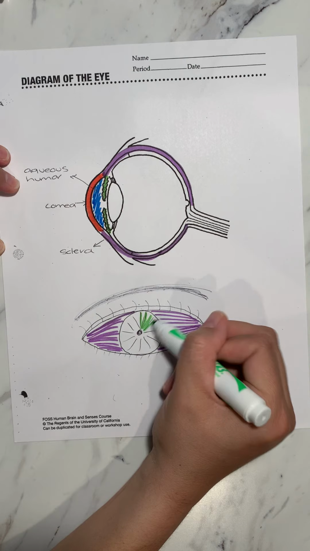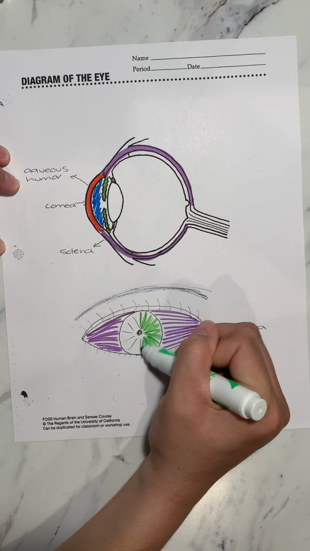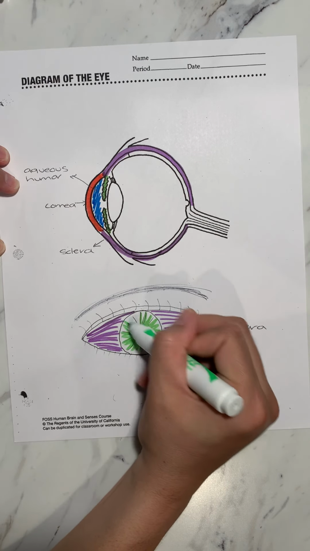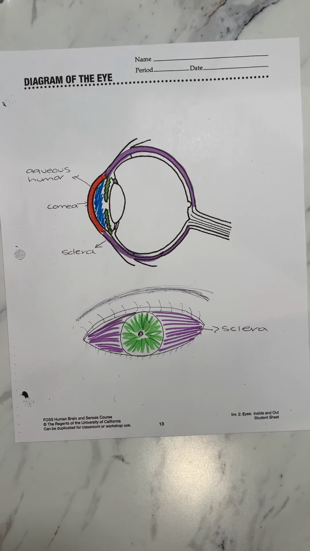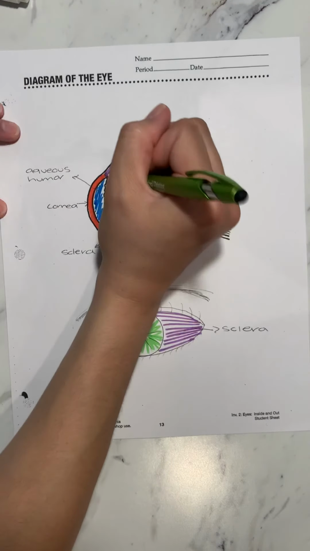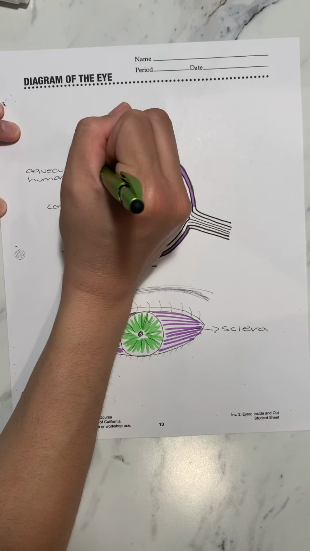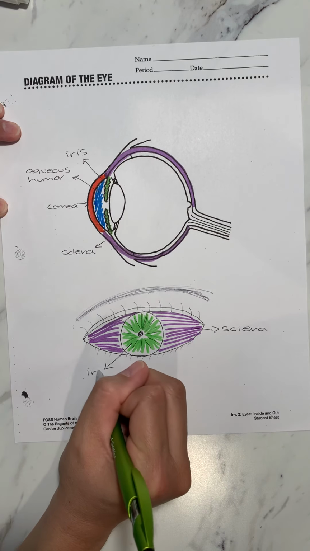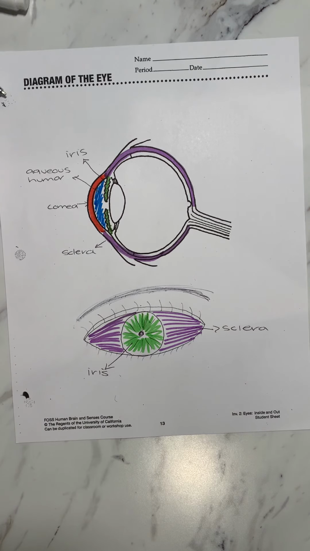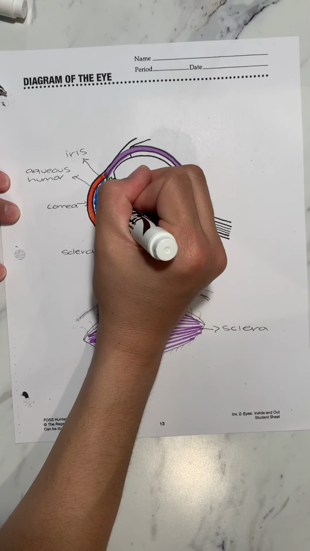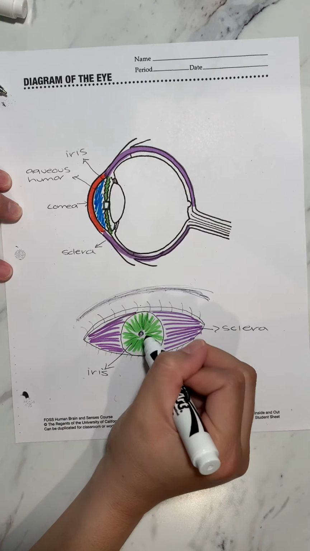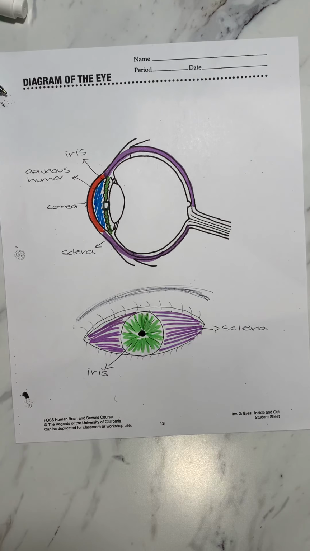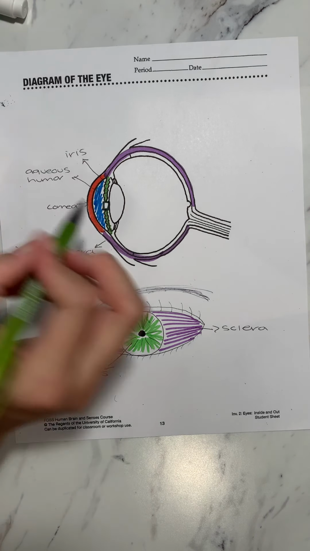So we're also going to shade down in here as well. And right in the middle of the iris, this opening, which is also represented down here, that is your pupil.